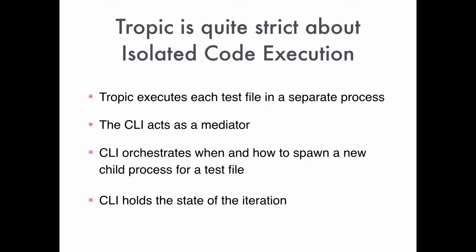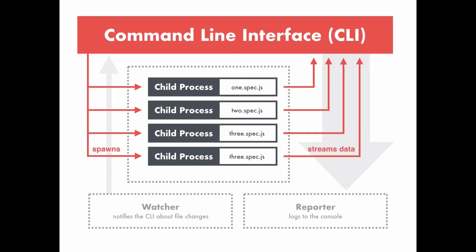So the CLI starts, according to your CPU cores, the amount of child processes which are possible to handle in a performant way, and will spawn new ones when the others are finished, or just listens to all the current processes and the current state of all the iterations. So what I just described could be visualized like that.